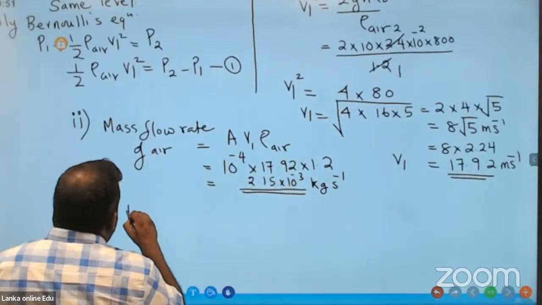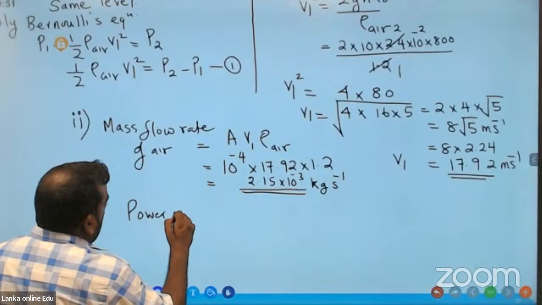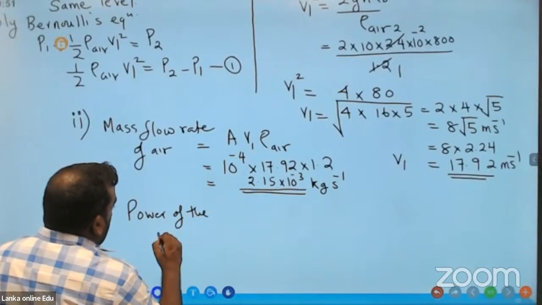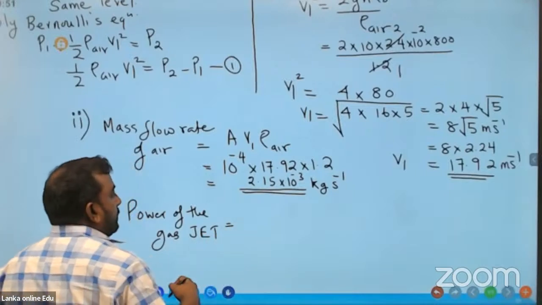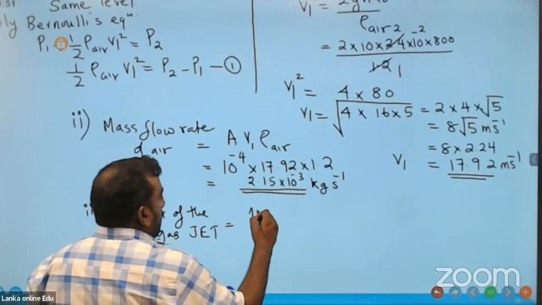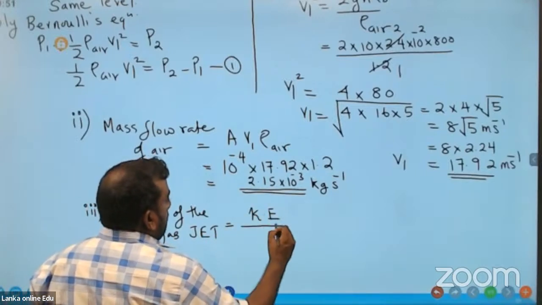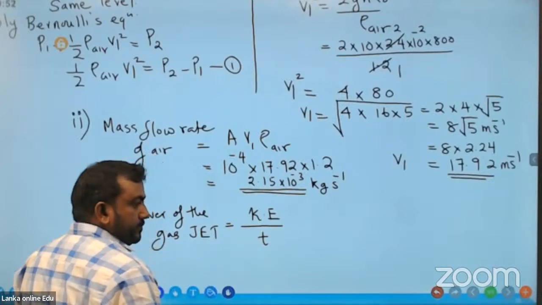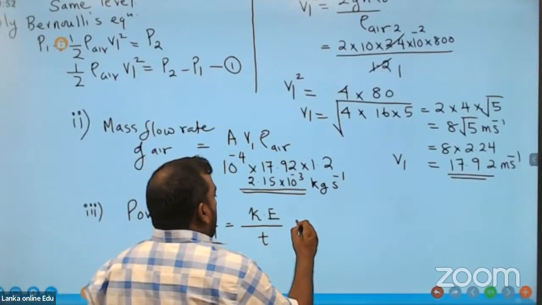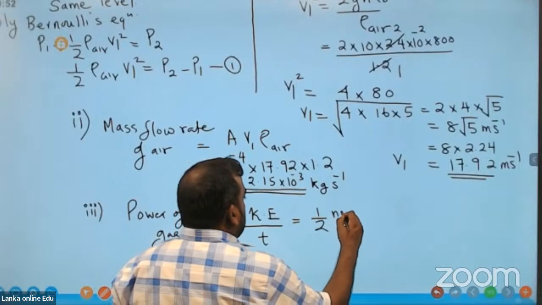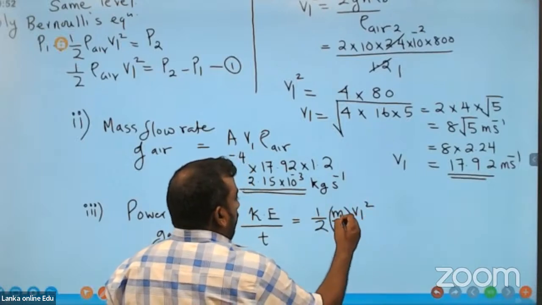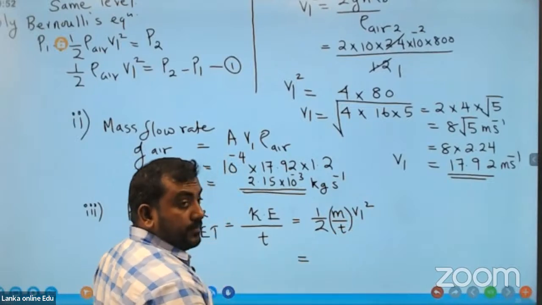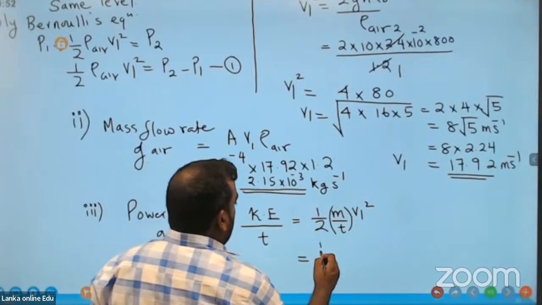So the power of the gas jet you can write as kinetic energy over time. Kinetic energy over time is half m v squared over time. What is m over t? Mass flow rate. Do the substitution carefully.